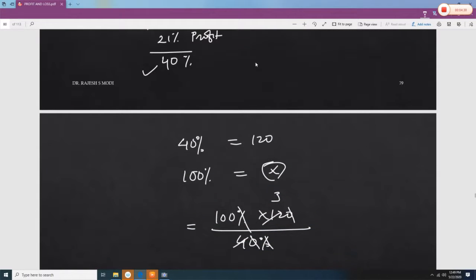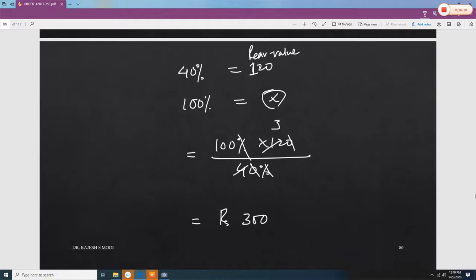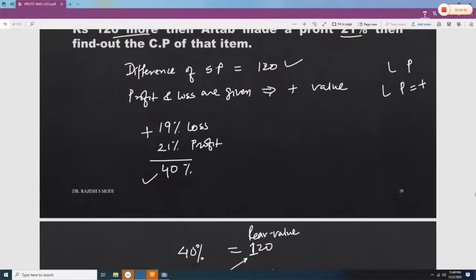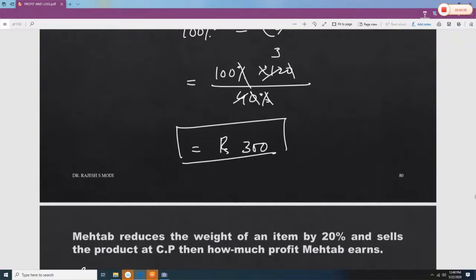So 40%, then the real value is 120. So if it is 100, then how much? So you multiply 100% with 120 divided by 40%, and the CP, cost price, for Aftab is rupees 300.